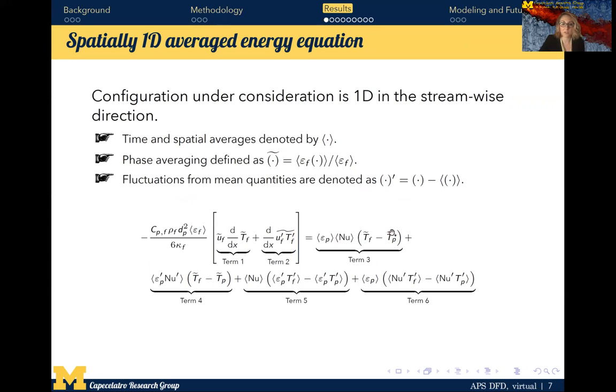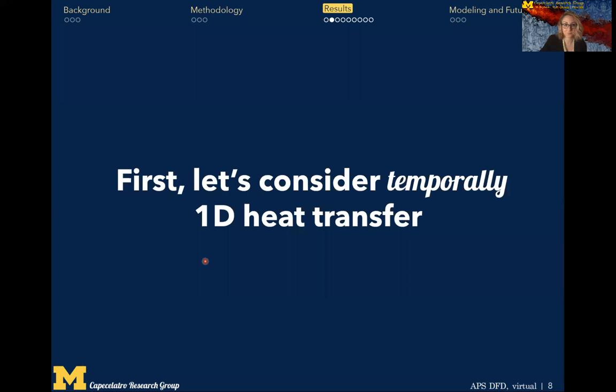Further fluctuations from mean quantities are denoted with primes. And so you can see here that when we take the phase average of the thermal equation, we end up with 6 terms. And we want to assess which of these terms are most important and require closure effort.